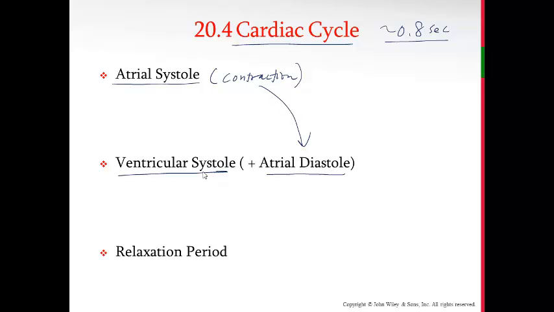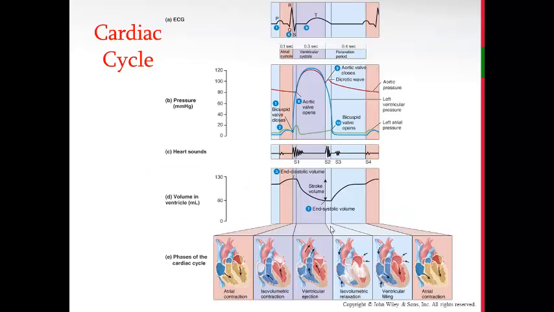Your ventricle will also get the signals later to undergo contraction, and then ventricular diastole, the relaxation period. Okay, so we're going to fill in the details here by looking at this cardiac cycle diagram.